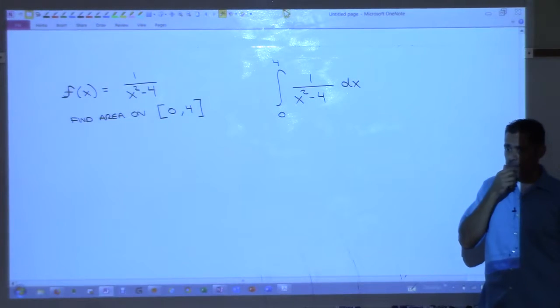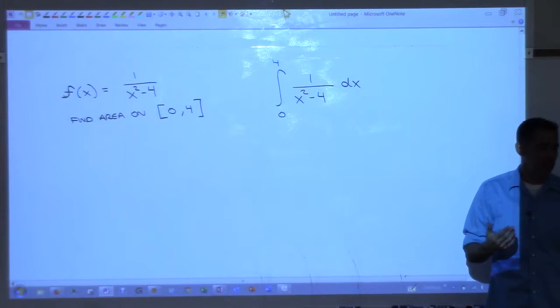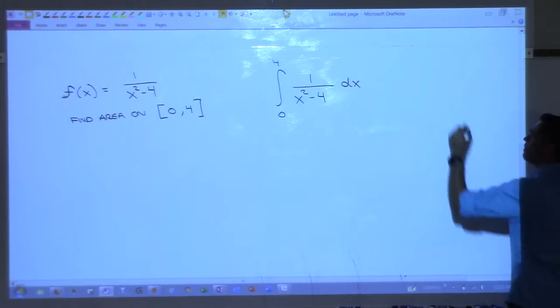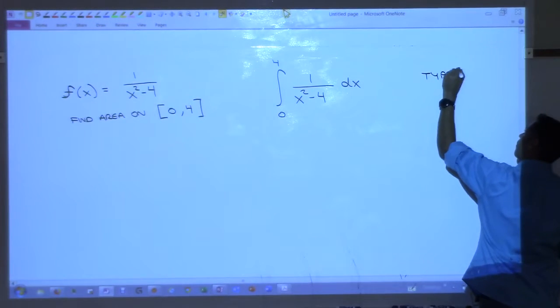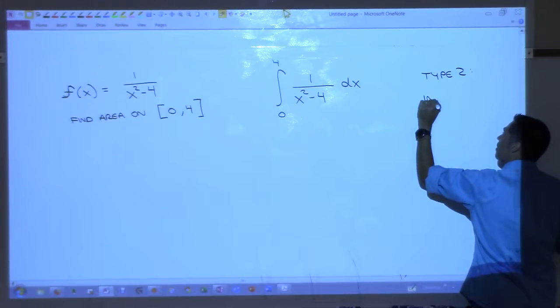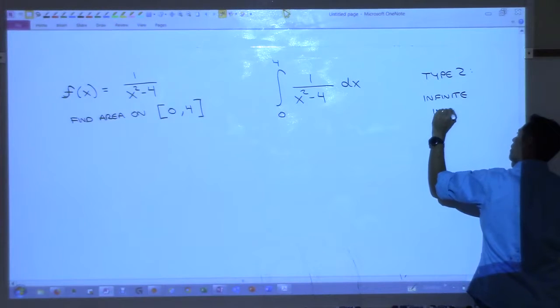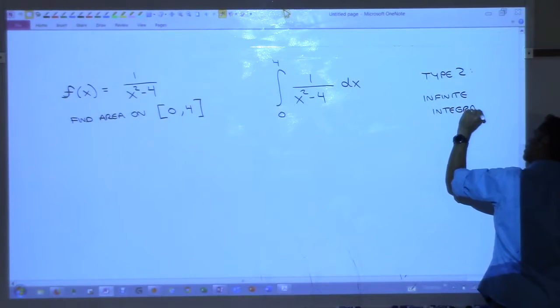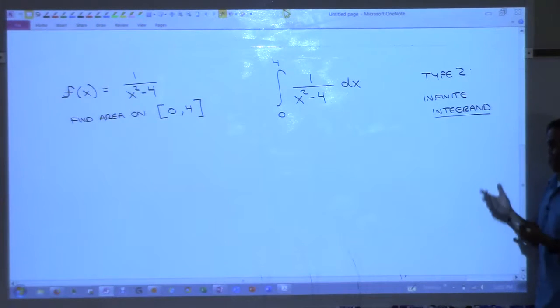Do y'all get that? This is what's referred to as a type 2 improper integral. The way you know you have a type 2 is if you have an infinite integrand. The integrand is the thing inside the integral. Does it ever become infinite?